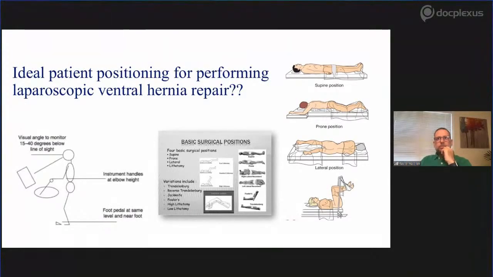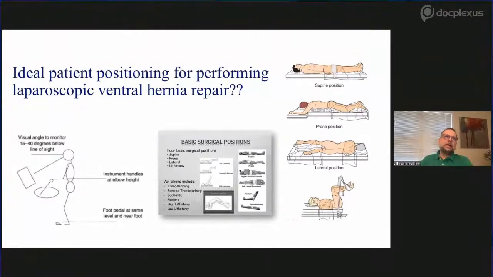I like to put the table a little bit higher so we don't strain down with our shoulders. I like to do modified lithotomy for the xiphoid because I'm looking up. But the lateral position is only for those lumbar hernias. Otherwise, most of my laparoscopic repairs used to be just the lateral approach.